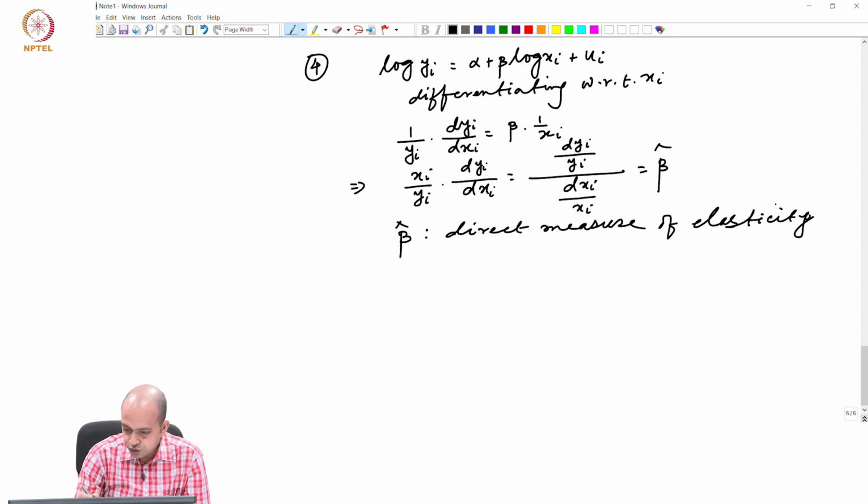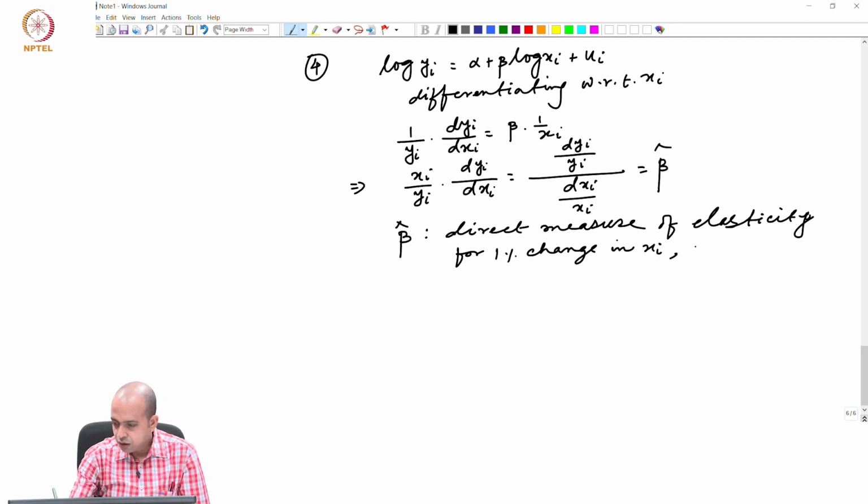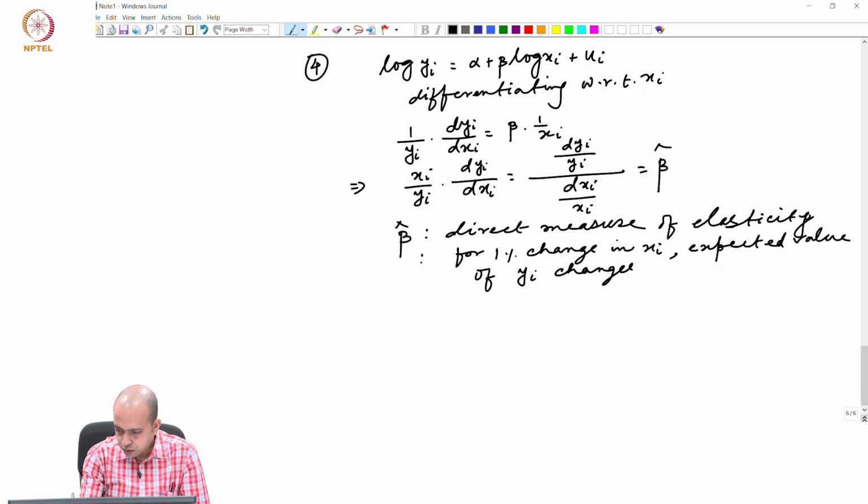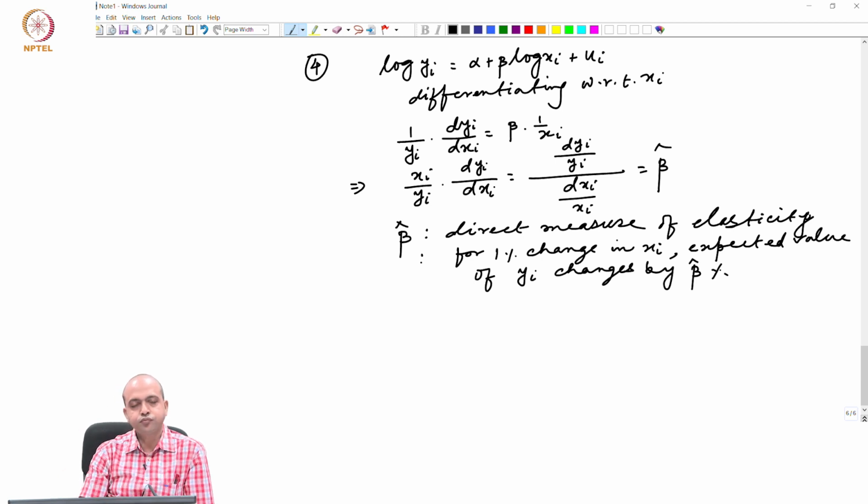So, I can say that the interpretation is: for 1% change in xi, the expected value of yi changes by beta hat percentage. This is the interpretation of beta hat.